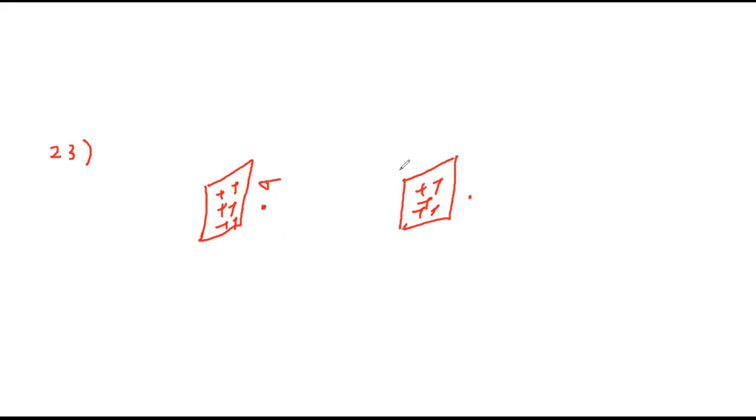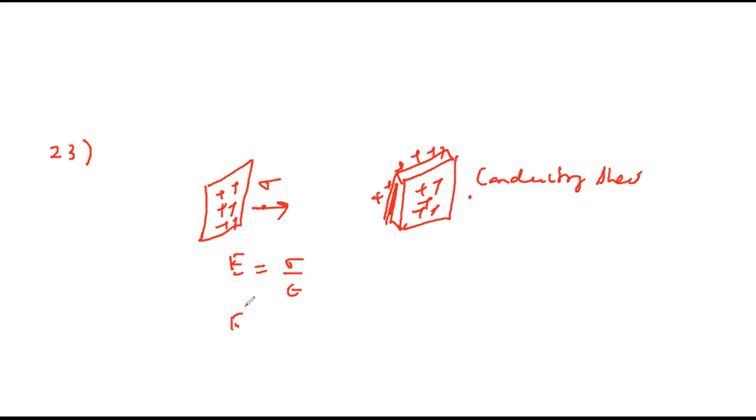See, if it is infinite conducting plane, that means it is a slightly thin conducting plane having charge on both sides. So at this point, intensity is sigma upon epsilon, and for this conducting sheet, E dash is given by sigma upon 2 epsilon, because both side charge gets distributed.